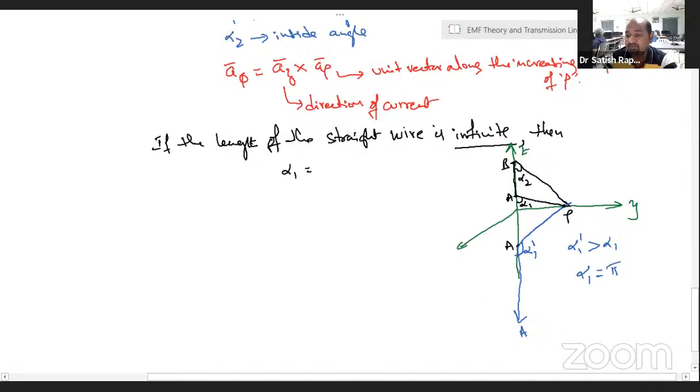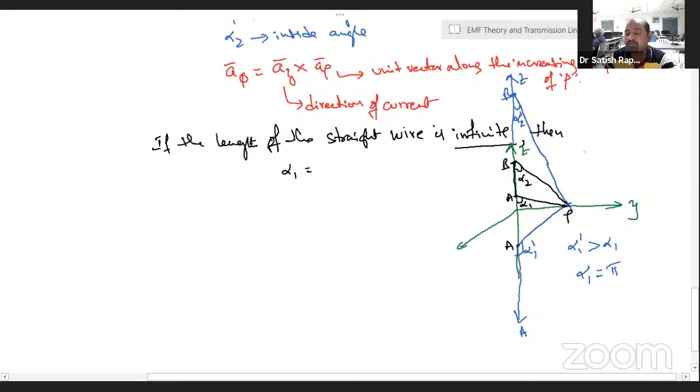So similarly, alpha 2. This is alpha 2, and this is the z-axis, and let me consider point B here. If you join point B to point P, it will be like this, and this is alpha 2, and let us say this is alpha 2 dash.